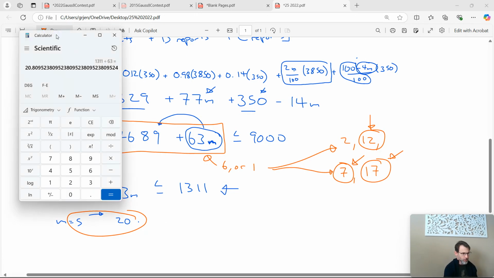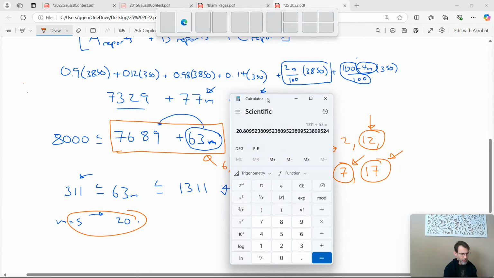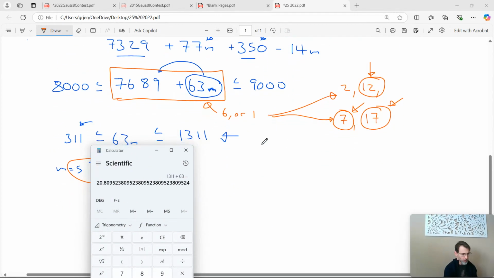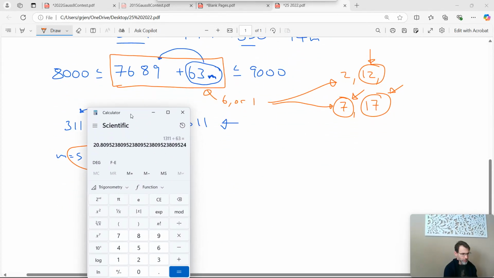Okay, so we are interested in finding all the work on the page at once. All right, here we go. 7,689 plus 2 times 63 equals 7,815. Good, but it is not bigger than 8,000.